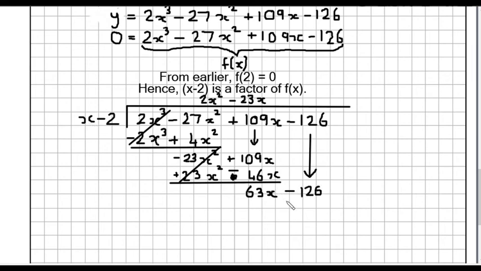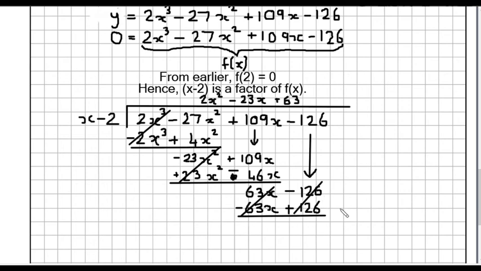So x into 63x is going to give us plus 63 up here. So then 63 by x is 63x. 63 by minus 2 is minus 126. Again, changing the signs here, make that a minus, make that a plus. They cancel and they cancel.